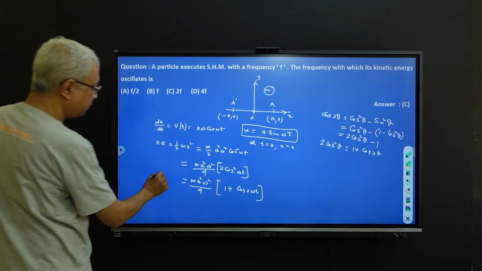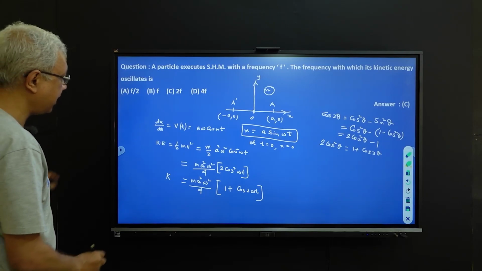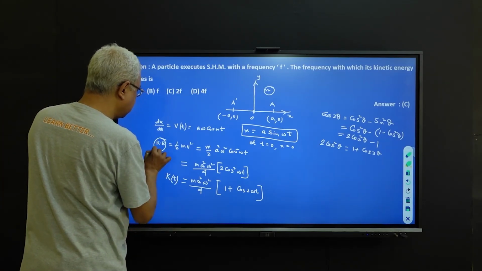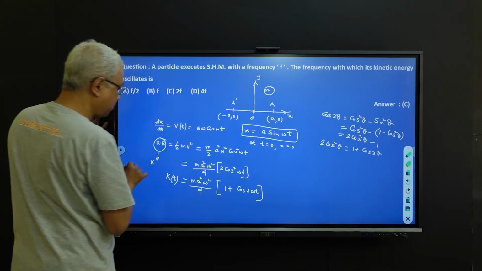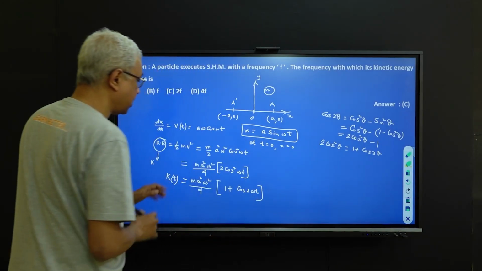So kinetic energy, if I write it as k, k is a function of t, and it fluctuates with time.